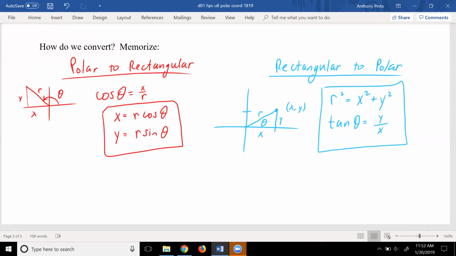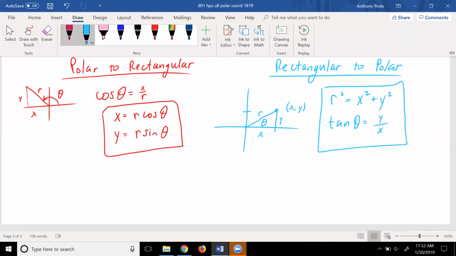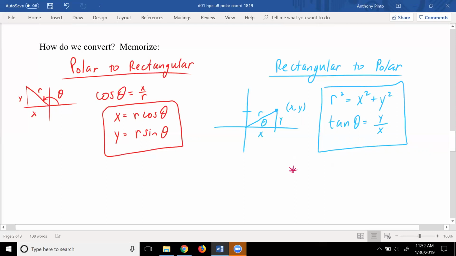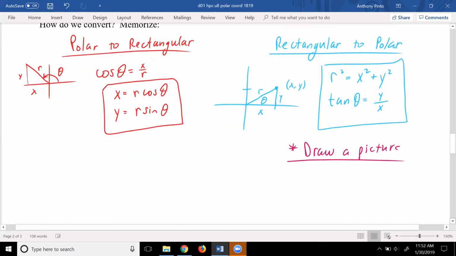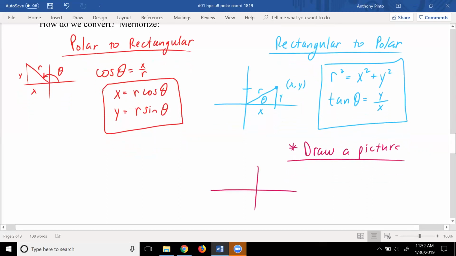One thing to keep in mind is that theta is always measured as the angle from 0 degrees to the ray. So the best thing to do is what I always tell you: draw a picture. It's super important to draw a picture. It'll help you visualize this. So for instance, if your point is in the third quadrant, you're given x and y, you're going to find r.